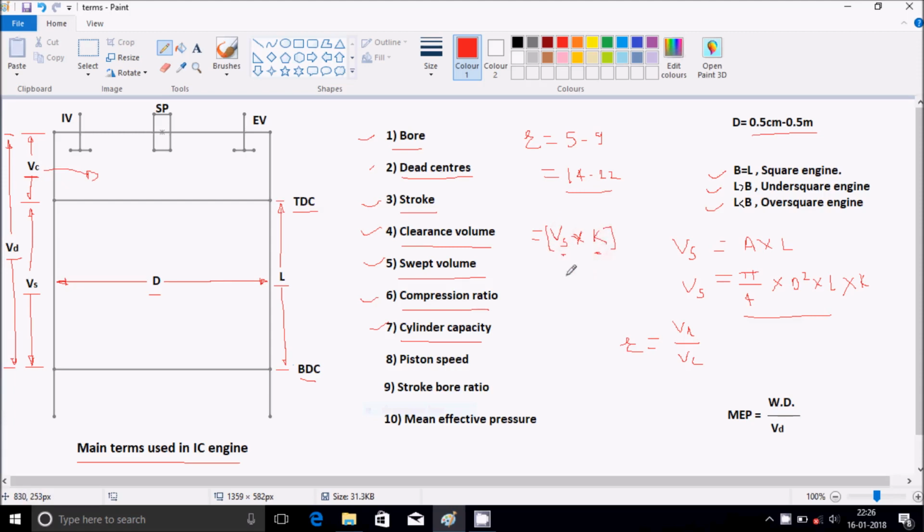If there is a 4-cylinder engine, then we have to take swept volume of a cylinder and then multiply it with the number of cylinders, that is 4. This is the cylinder capacity.